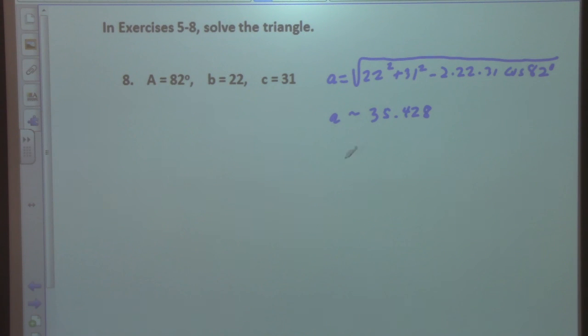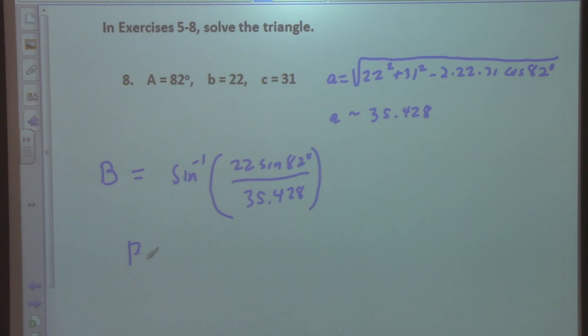And then after that, I did the inverse of sine. This is going to be to find big B. Inverse sine of 22 sine 82 degrees over 35.428.